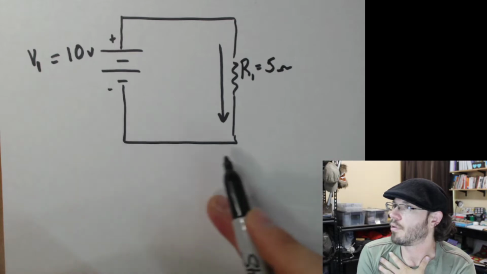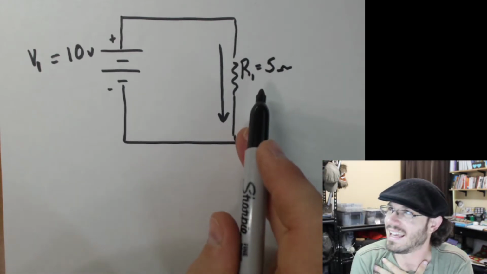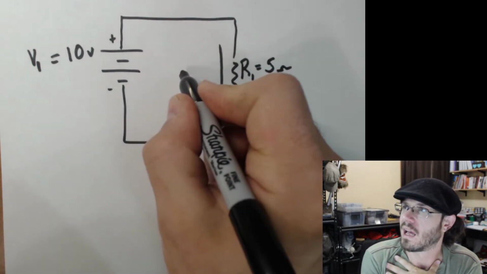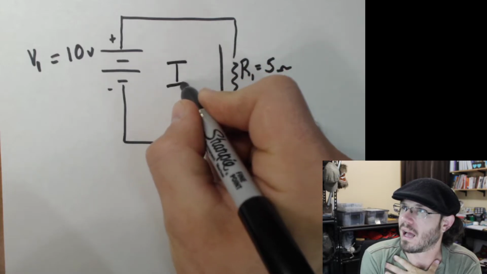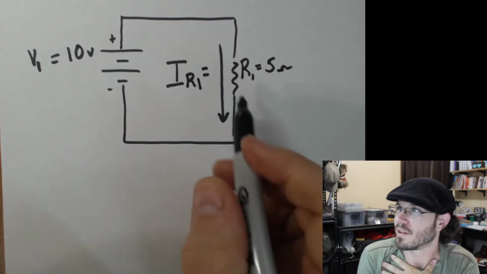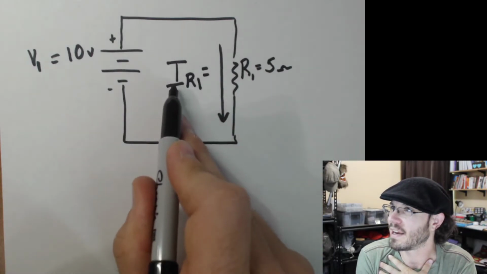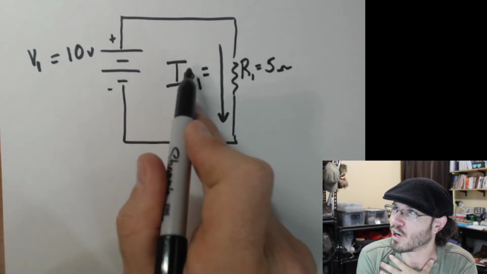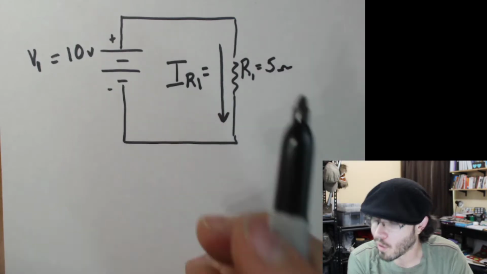Now, if I left the problem like this without saying anything, I, R1 equals, right? See what I did there? I, the current going through R1.